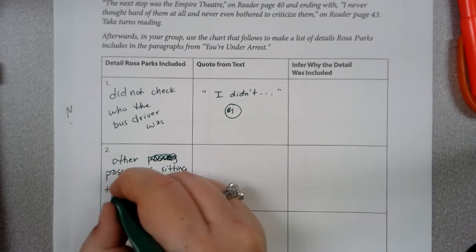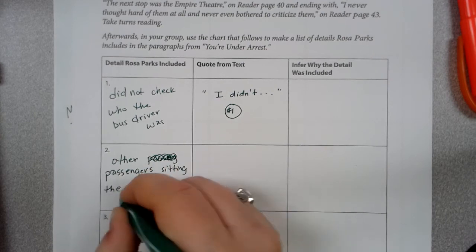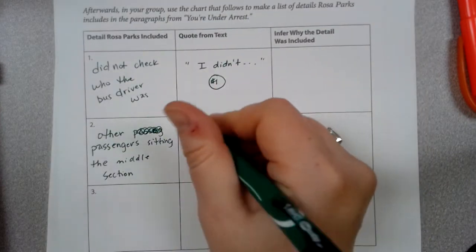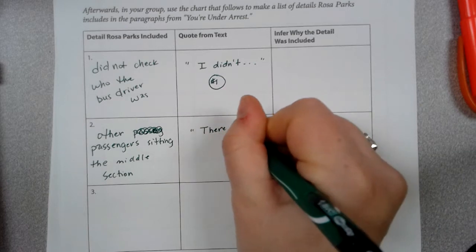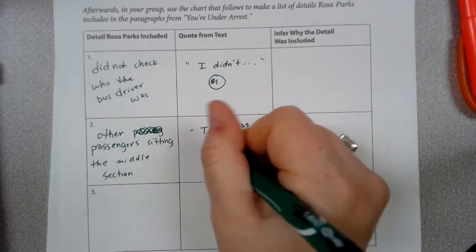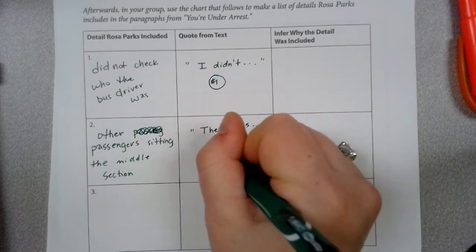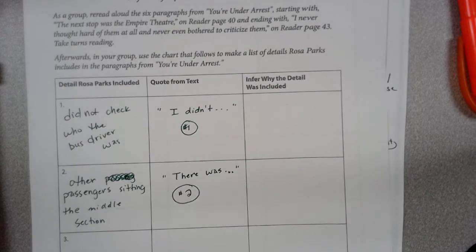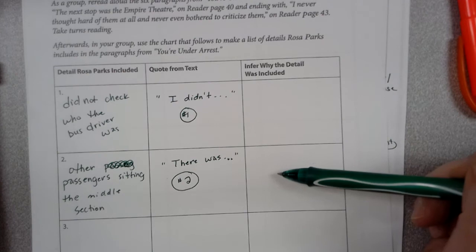There were a few other people, and those other people were, as you can see, a man and then two women sitting across the aisle. So that's number 2.